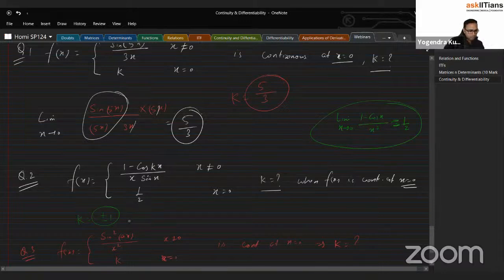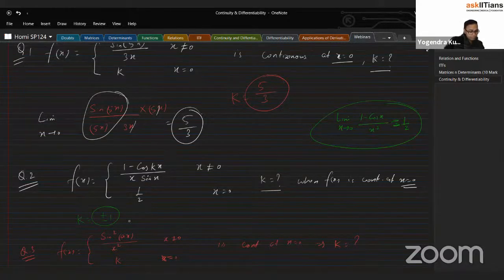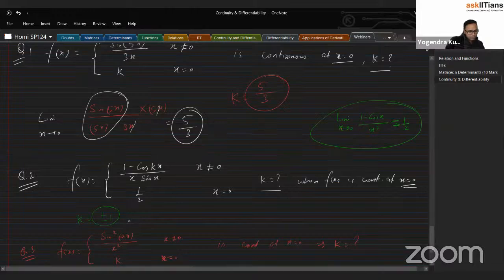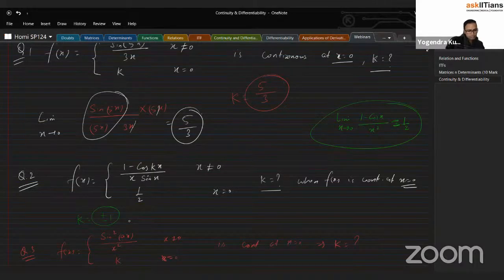So I think it is correct, both are correct. There is an option plus minus 1. There is option minus 1. There is option plus or minus half. There is option D, only half. So what do you say, guys? Only minus 1 or plus or minus 1? Both.